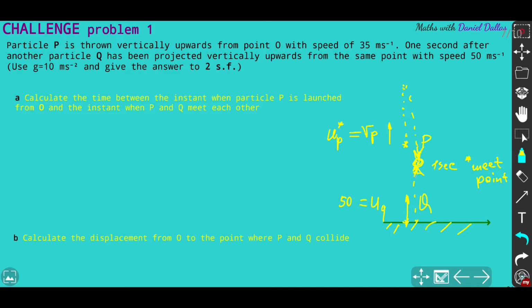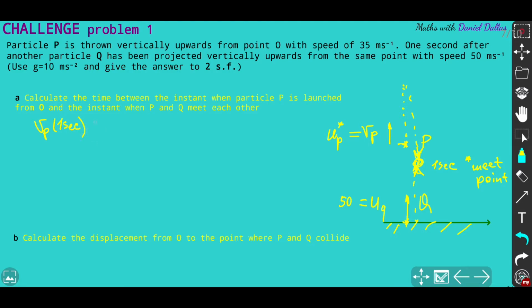All right, anyway, I'll show you, because other students are confused about why we start considering from the very initial moment when particle P is launched. Let's consider 1 second after. It doesn't matter. It's not a big deal, except for maybe a bit more complexity. All right, so first of all, let's calculate VP after 1 second.